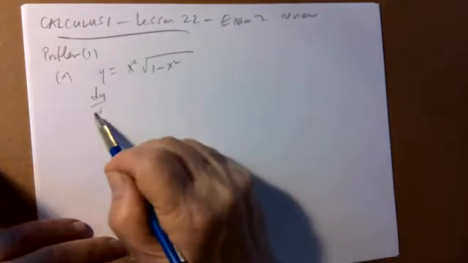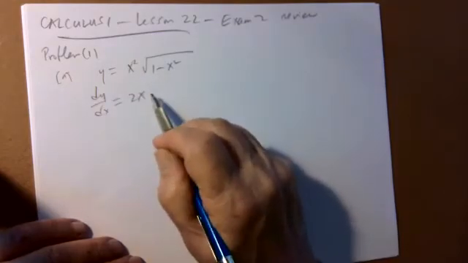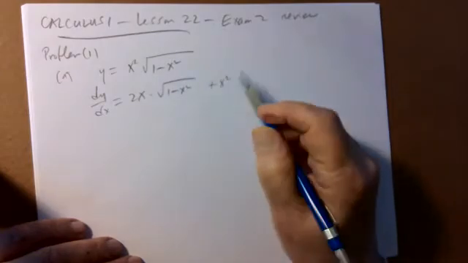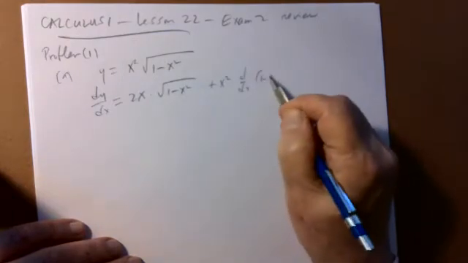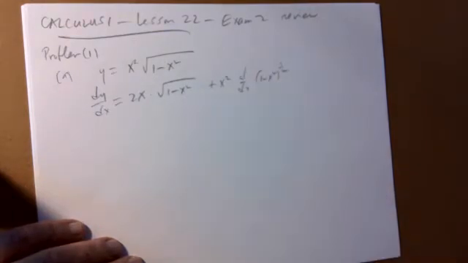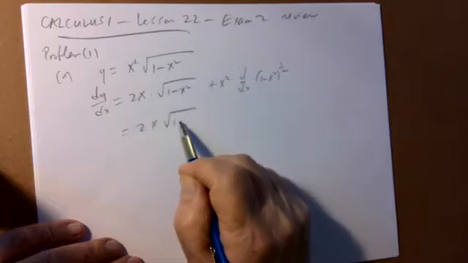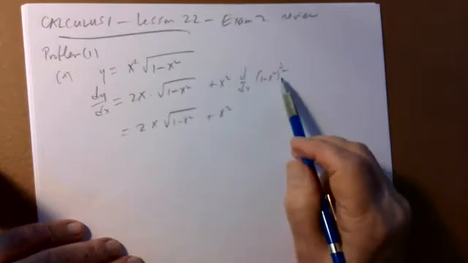So dy dx, first of all, by the product rule, it's 2x times the square root of 1 minus x squared plus x squared times the derivative of the square root of 1 minus x squared, which is 1 minus x squared to the 1/2.